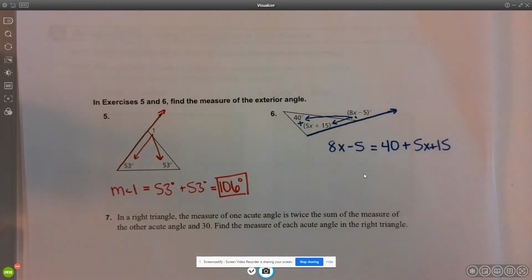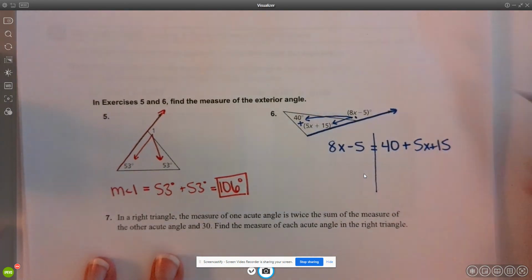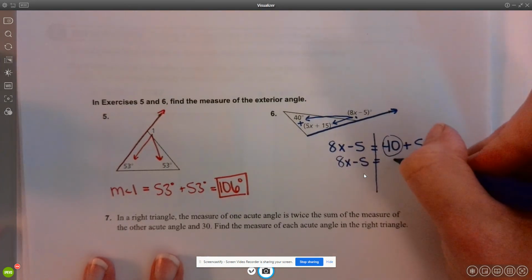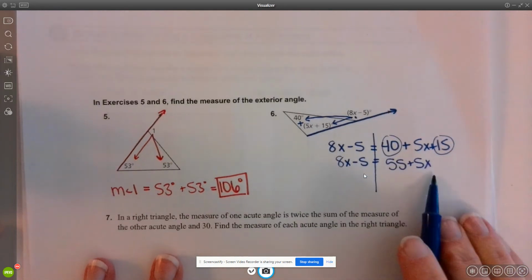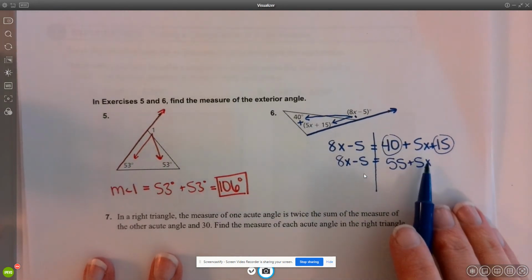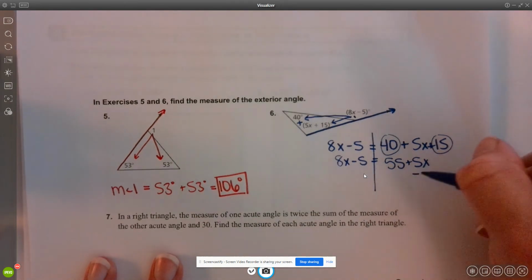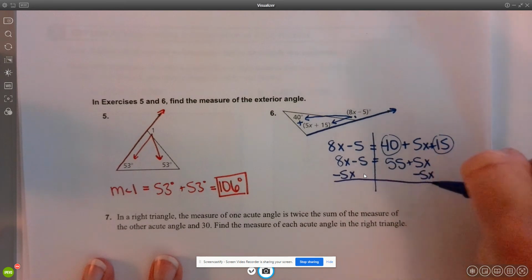So let's go ahead and solve for x. I have some like terms on the right here. I notice I have x's on both sides, so I want to get rid of the x's from one side to move them over. I'll get rid of this 5x by subtracting it from both sides.